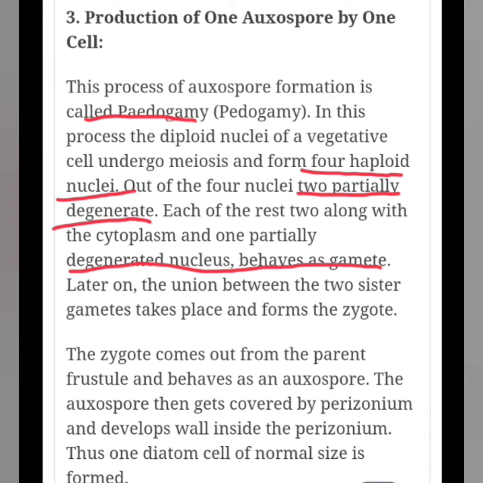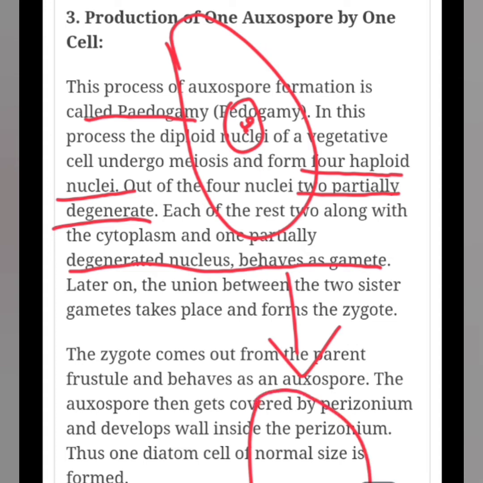Suppose this is a single cell, then I have a nucleus. This nucleus will undergo meiosis and give rise to 4 nuclei. Out of the 4, 2 nuclei are partially degenerating, whereas 2 will behave as gametes and fuse together to form a zygote.